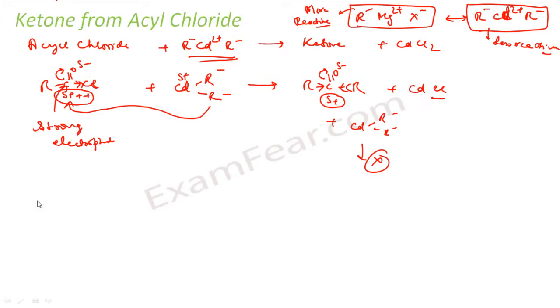So to prepare CdR2, what we do is, we take this RMgX, again Grignard reagent, and we react it with CdCl2, right? Cadmium dichloride, and I get CdR2, that is dialkyl cadmium, plus 2 charge, minus 1, minus 1. So this is the reaction mechanism.